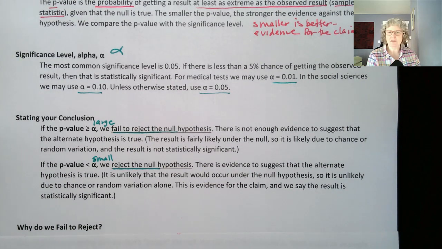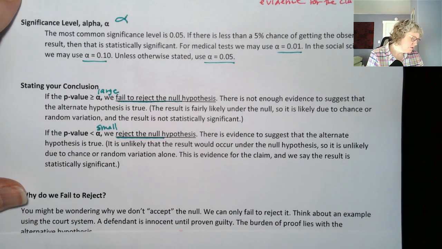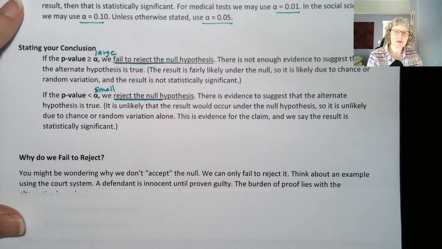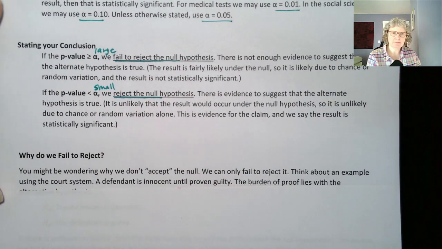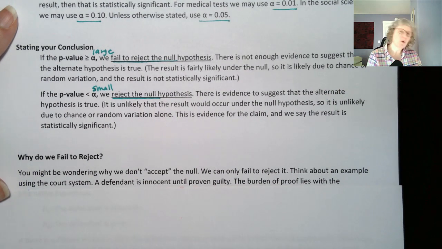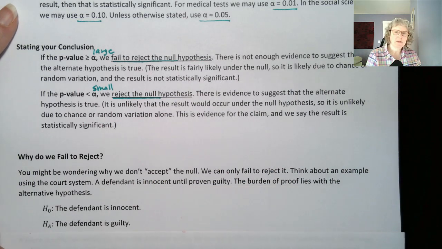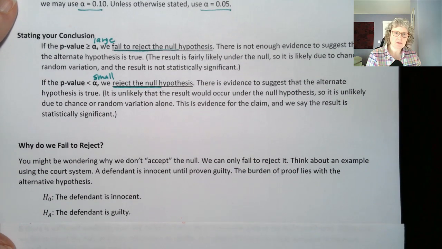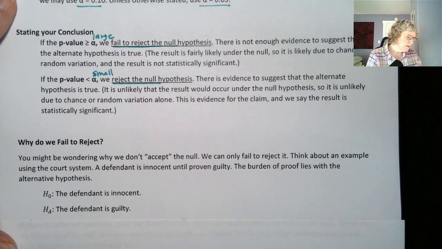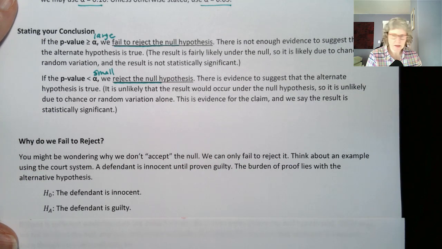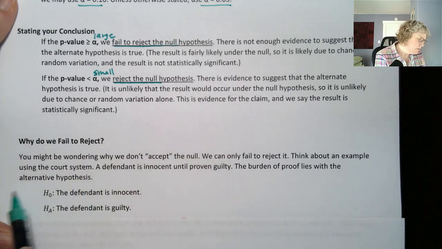Why do we fail to reject or reject? It's kind of like legalese. I feel like a lawyer in this section. You might be wondering why we don't accept the null. We can only fail to reject it. Sometimes you hear an analogy with our court system in the null and alternate hypotheses. Think about an example where you have a defendant and they're always presumed innocent until proven guilty, right? So the burden of proof lies with the alternate.